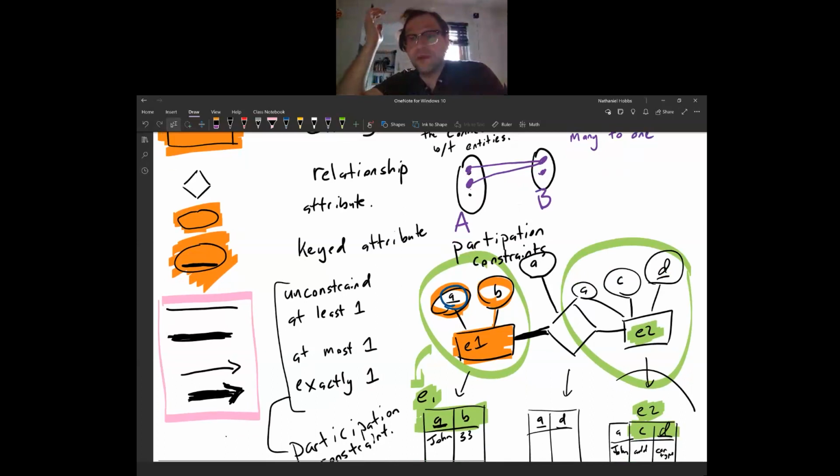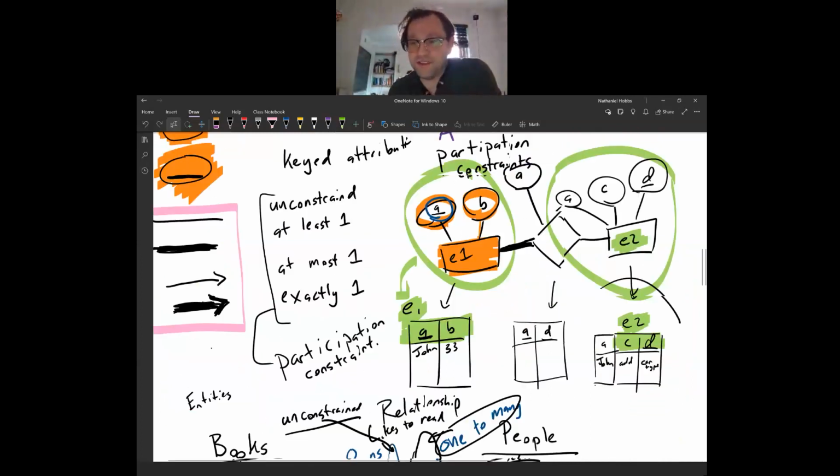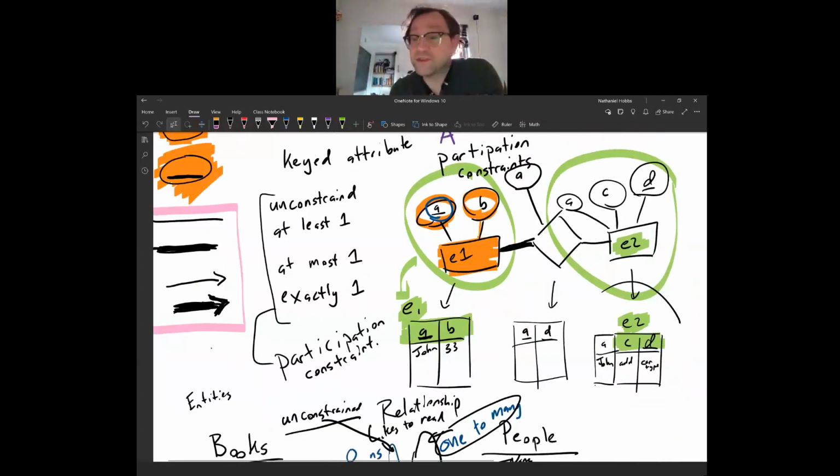So for these lines, let's imagine that this thing on the left is Amazon Prime subscribers, and the thing on the right is Netflix subscribers, and the relationship we want to know about is has both. A relationship could have a since.